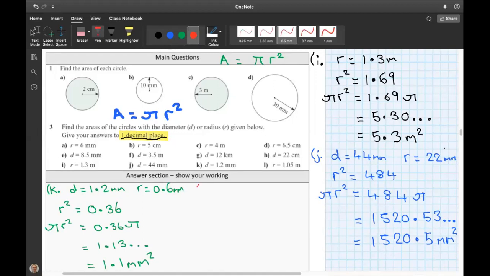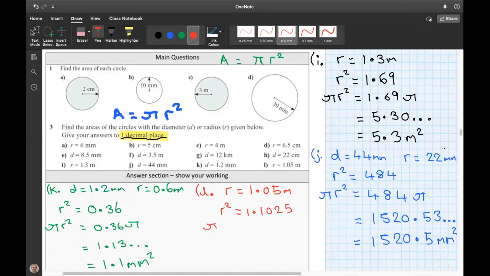Okay, final question now. We're on L. This time we've been given a radius, 1.05 meters. We need to square that. 1.05 squared gives us 1.1025.